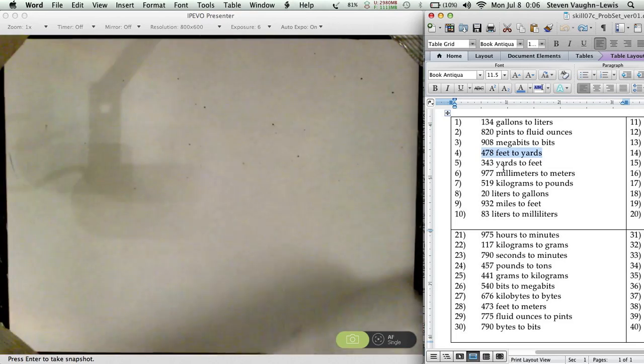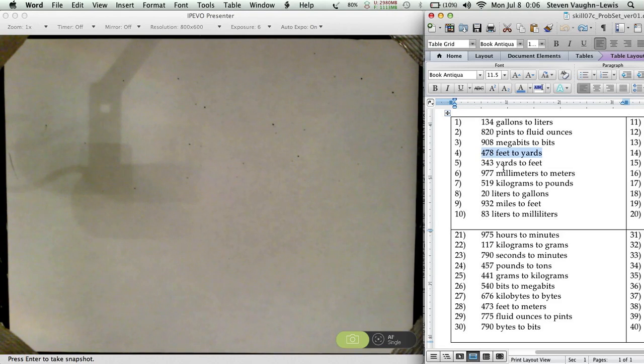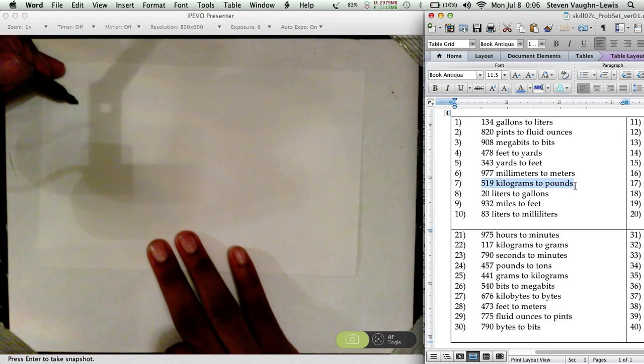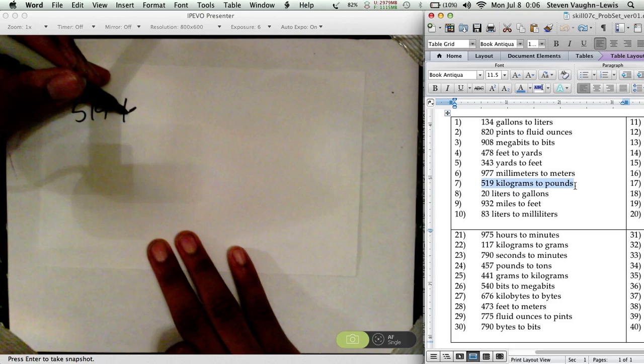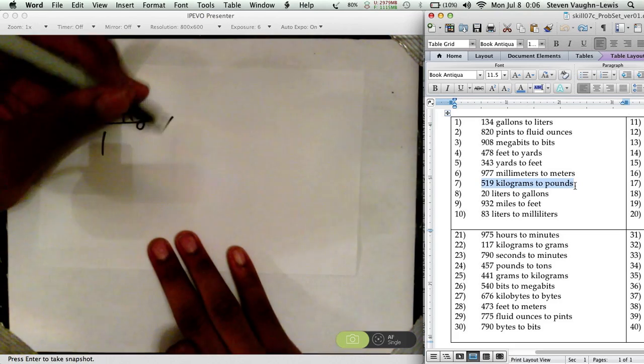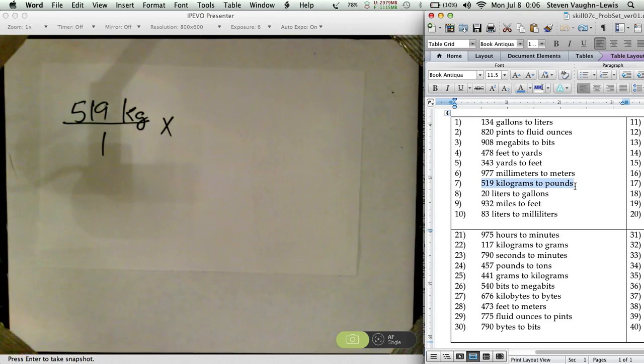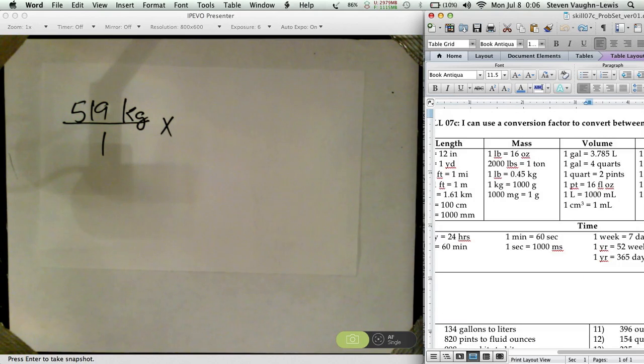And let's do one more. Since these are so easy to do, let's do one more. Let's do 519 kilograms to pounds. So we're starting off with 519 kilograms over 1. Kilograms to pounds. What's the conversion factor? I'm going to look up at my chart.